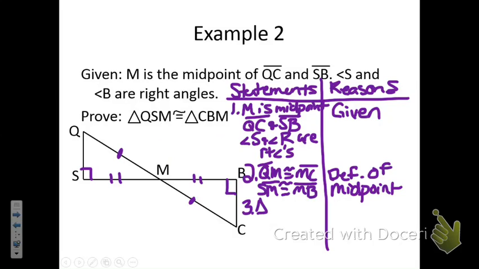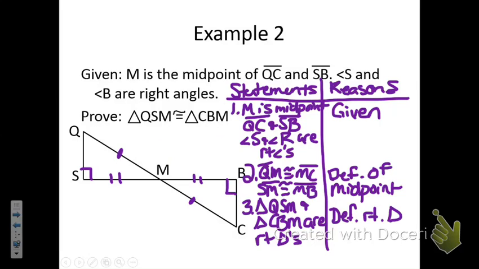So triangle QSM and triangle CBM are right triangles. And that's just by the definition of a right triangle.